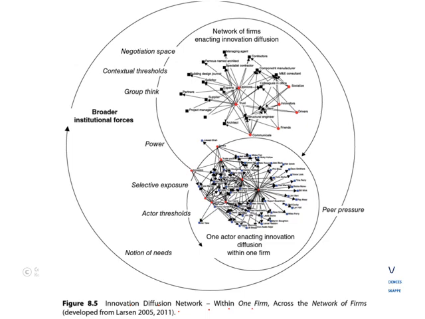So firstly, you have your network of firms. That's the one that we just looked at. And then we've got the one actor, and there's some information that's transferred from one person to another. And this person might be an actor in one of these firms that we've got here. So we've got a project manager, communication manager, etc.